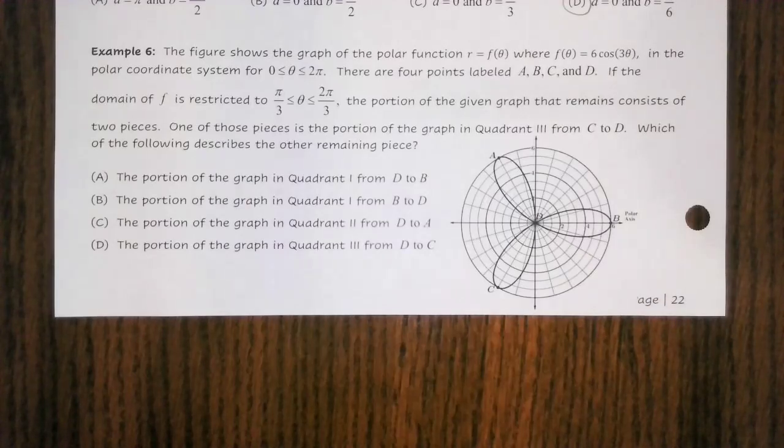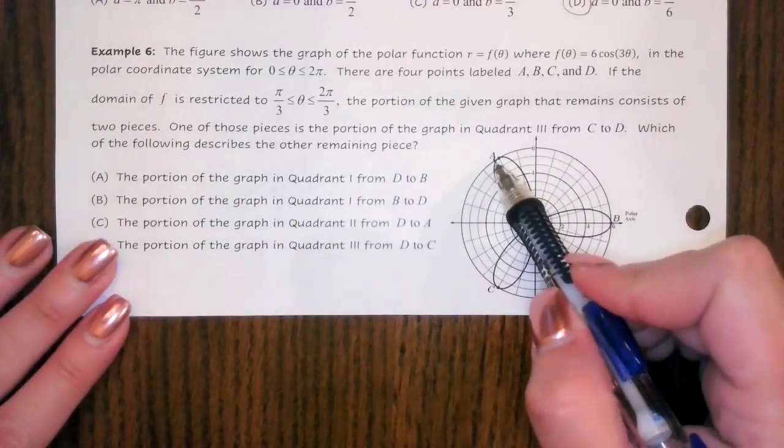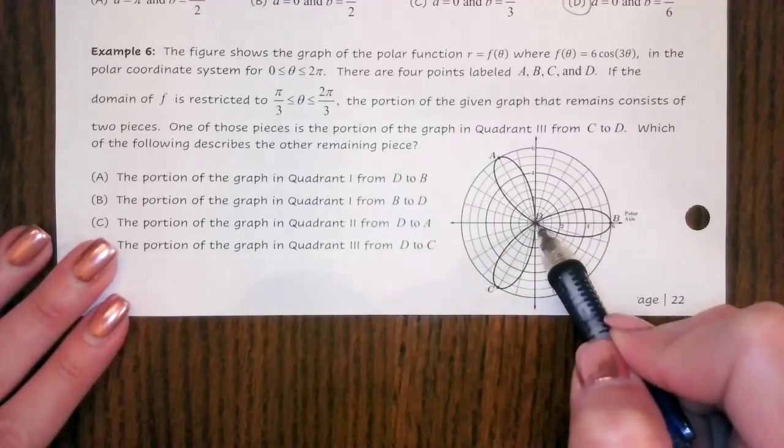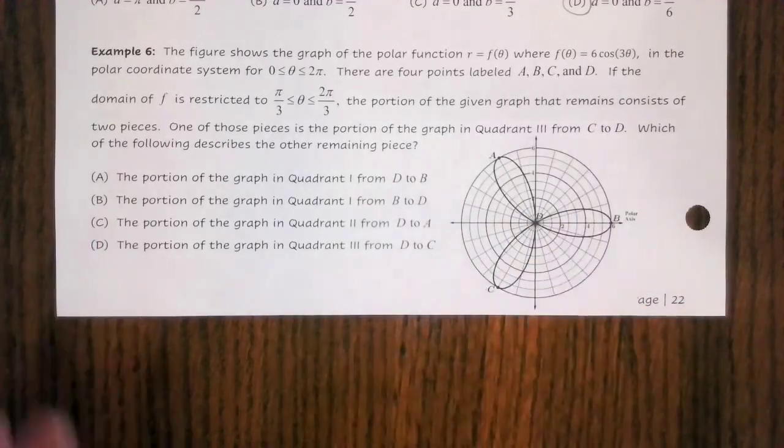In the polar coordinate system for 0 to 2 pi, there are 4 points labeled A, B, C, and D. So we've got our petals labeled at A, B, C, and the pole right here is labeled at D. If the domain of f is restricted to pi over 3 to 2 pi over 3, the portion of the given graph that remains consists of 2 pieces. One of those pieces is the portion of the graph in quadrant 3 from C to D. Which of the following describes the other remaining piece?